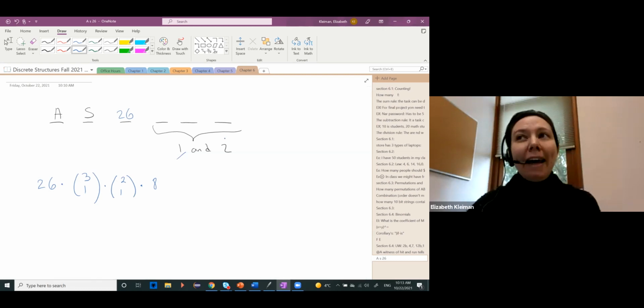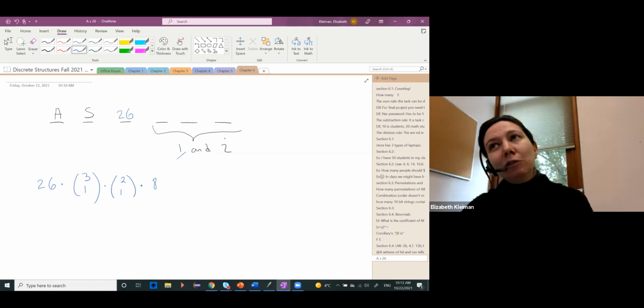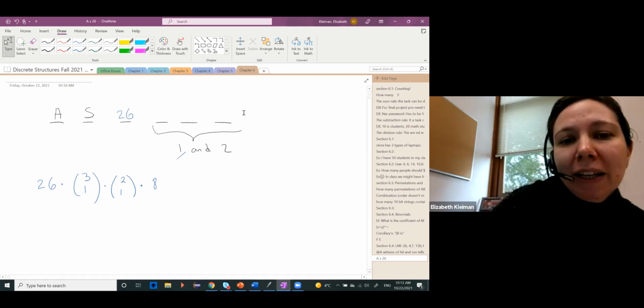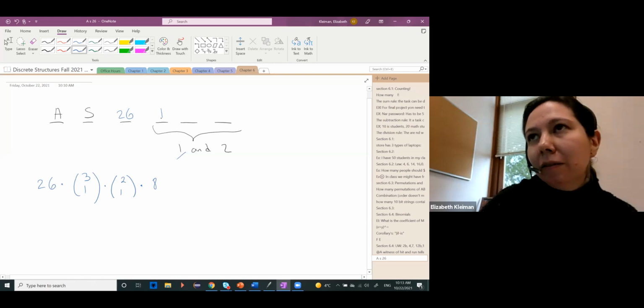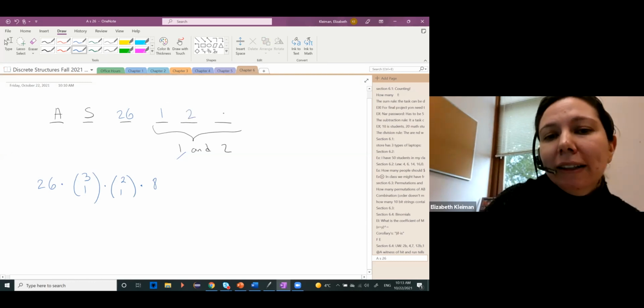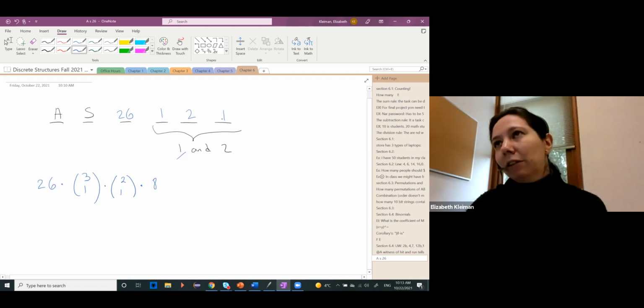Now, if I am going to say 1 and 2 can repeat, saying 10 here is not going to be correct because you're going to be double counting things. An example is, I place 1 here, and then I place 2 here, and then, for example, I decide 1 is out here.